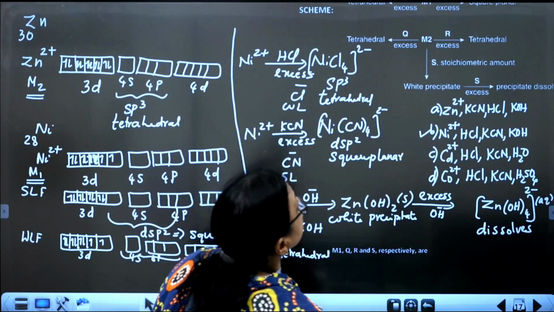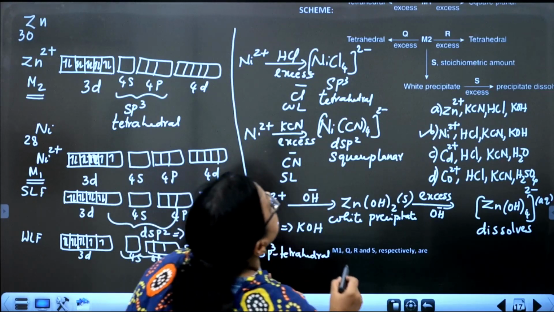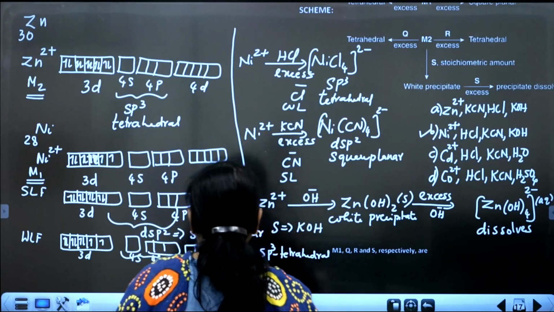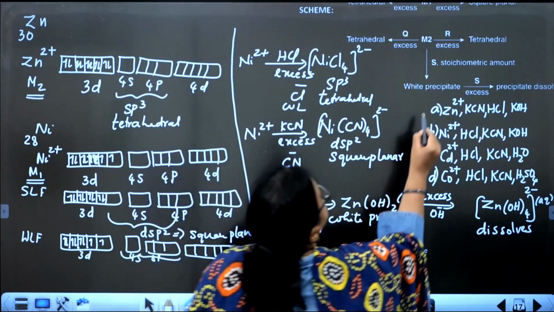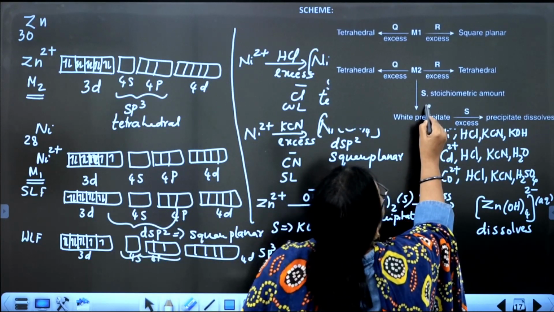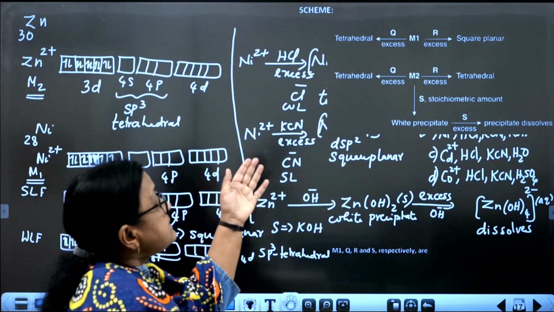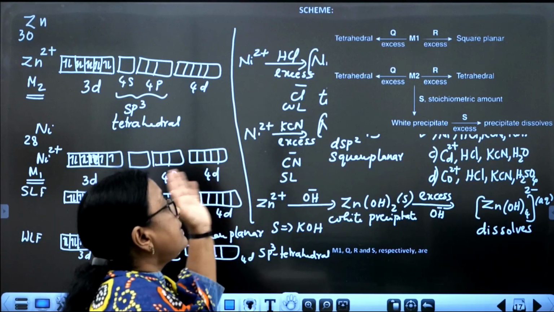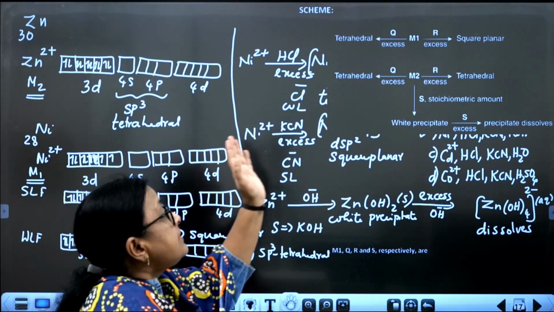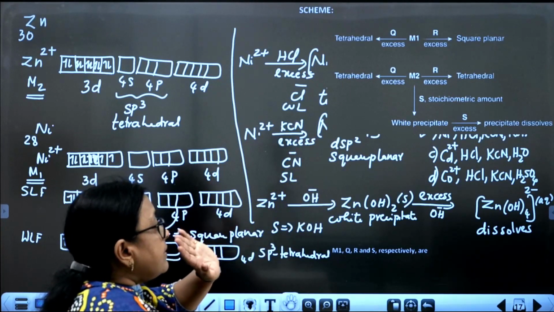So let us go through this question once again. Let us see who is M1 from the question. Let us go to the scheme once again. It says M1 with excess Q gives a tetrahedral complex, and with excess R gives a square planar complex.